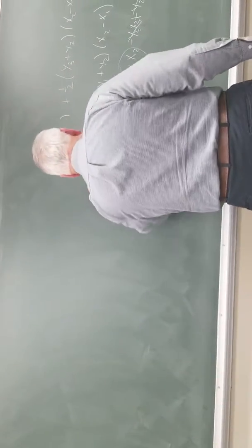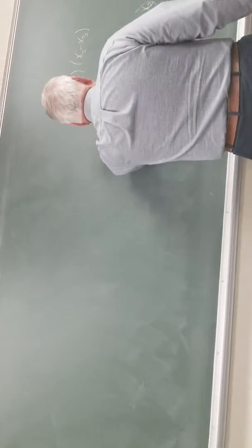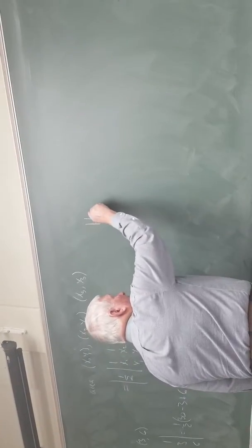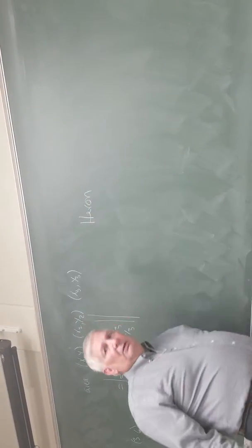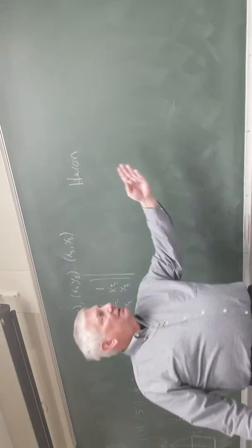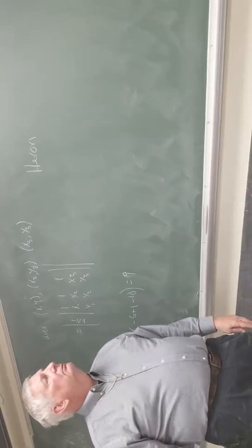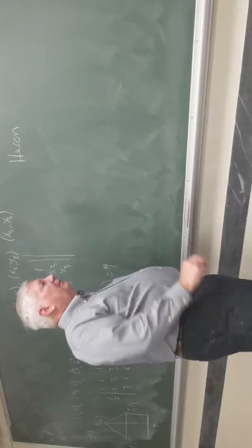About a bazillion years ago, there's a Greek mathematician, Hero or Heron, depending on different writings, sometimes they drop the end, sometimes they don't. So Heron of Alexandria came up with a formula.